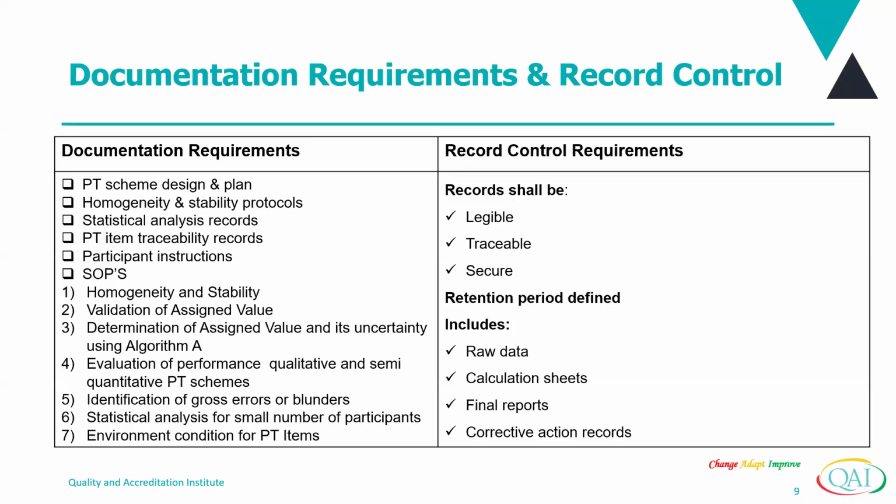Second is the homogeneity and stability protocol. Again, this could be part of the PT design. In case of calibration PT schemes, this is a PT protocol. They can develop a separate protocol because generally they have to share this protocol with the participants. In case of testing, it is not required to share the protocol separately.